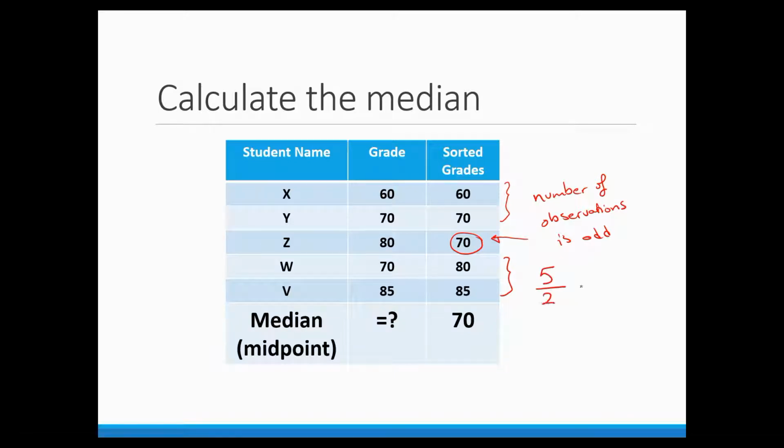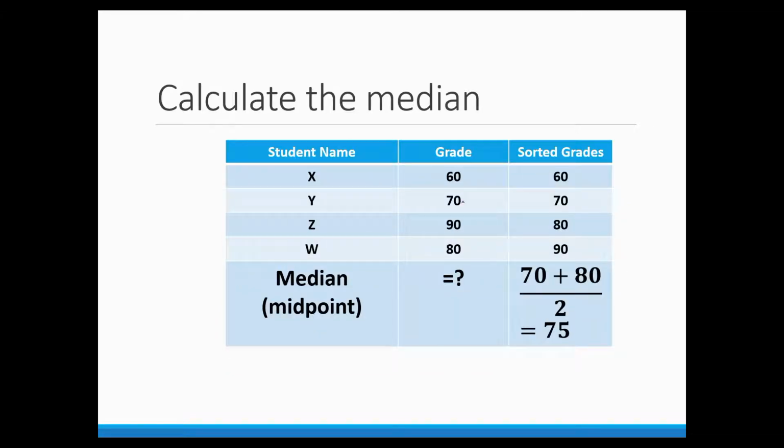If we divide 5 by 2 in order to divide our data into 2 halves, we find the result is 2.5. So after 2 observations, we find here the value at the middle, then we have other 2 observations. This is simple if we have the number of observations as an odd number.